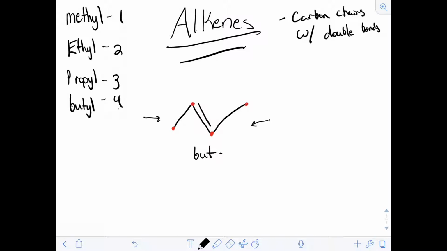So in this case, it'll be 1, 2, and then we reach our double bond, and then going this way, it'll be 1, 2, then we reach our double bond. So it's the same number of carbons going both ways. So we're just going to throw that 2. So it'll be but-2-ene.